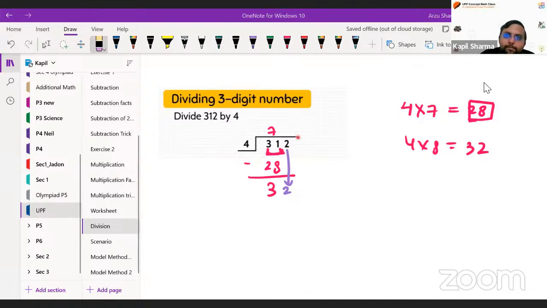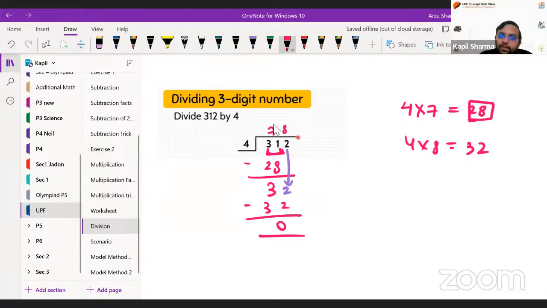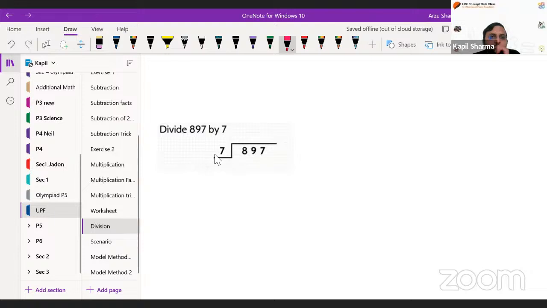Now again for 32, we will look for a number which is less than or equal to 32 in the multiplication table of 4. We already know that 4 times 8 is 32. So quotient is 78, and remainder is 0. Fine. So this is done. Now let's try this, guys.